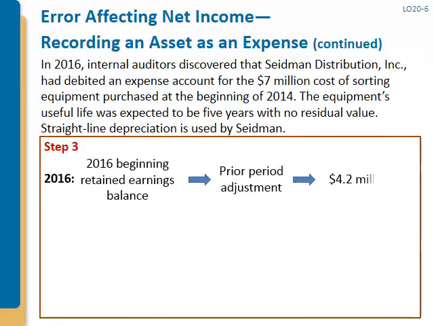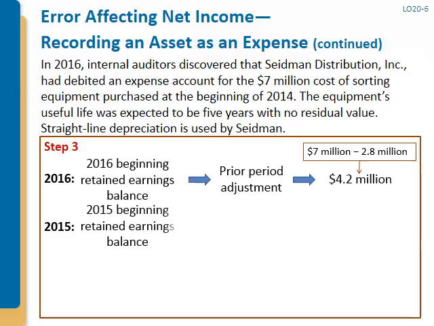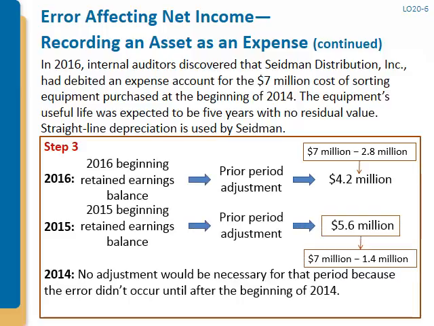Step 3. Because retained earnings is one of the accounts that is incorrect as a result of the error, a correction for that account of $4.2 million is reported as a prior period adjustment to the 2016 beginning retained earnings balance in Seidman's comparative statements of shareholders' equity. A correction would be made also to the 2015 beginning retained earnings account balance.